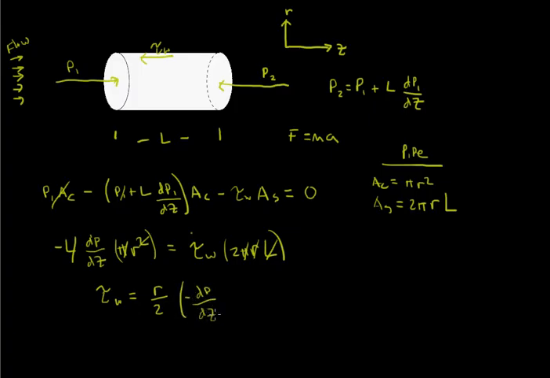So the pressure change in the z direction. Okay, so that is just the derivation of an expression for the shear stress in a pipe.